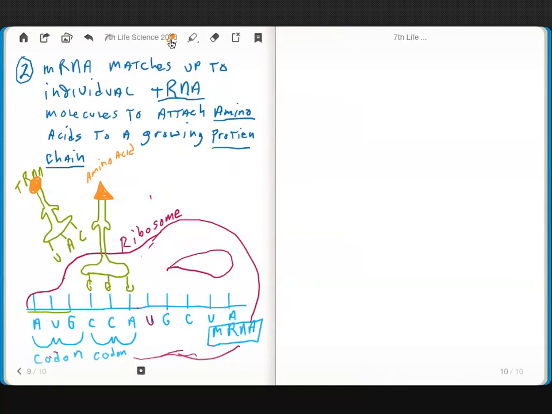And those amino acids are being joined together. And let's draw another tRNA over here that has just come in and delivered its amino acid. Here's another tRNA that has just docked and dropped off its amino acid.